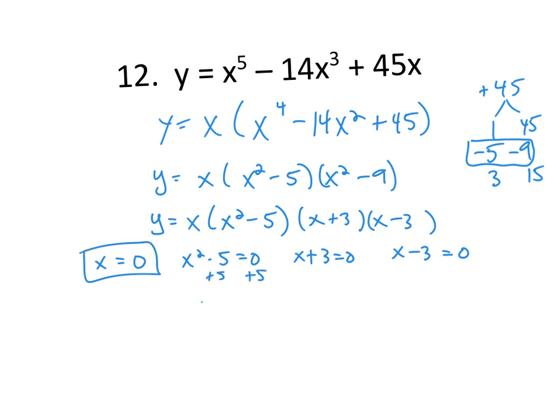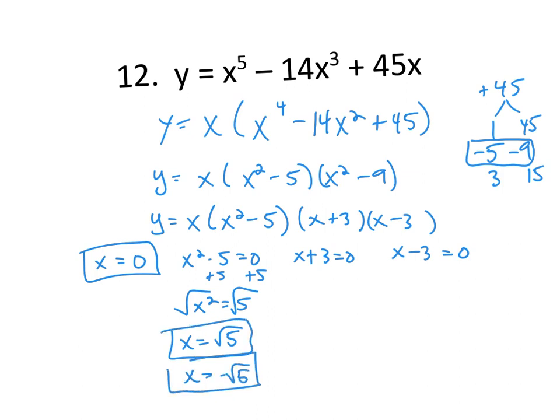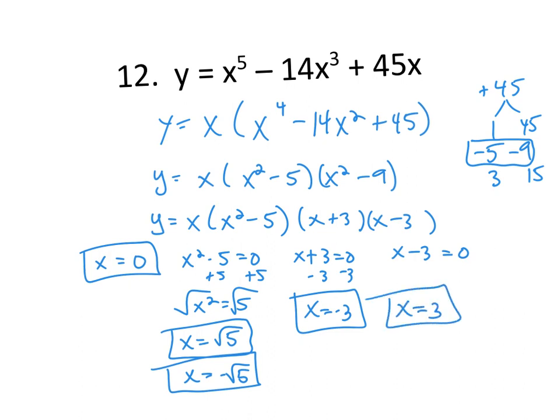Plus 5 on both sides, we get x squared equals 5. Square root, we did this one earlier, we get x equals square root of 5, or x equals negative square root of 5. Here we're going to subtract 3, and we get x equals negative 3, and add 3, we get x equals 3. So those are our 5 answers.